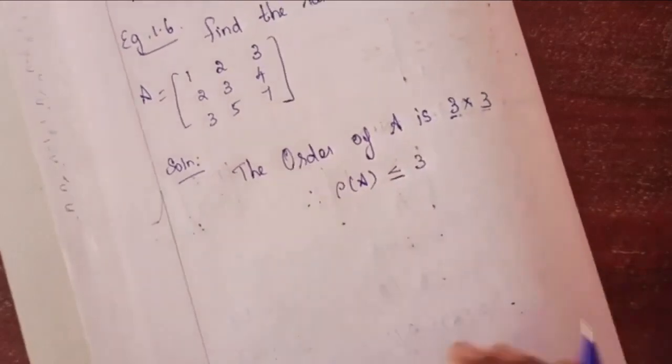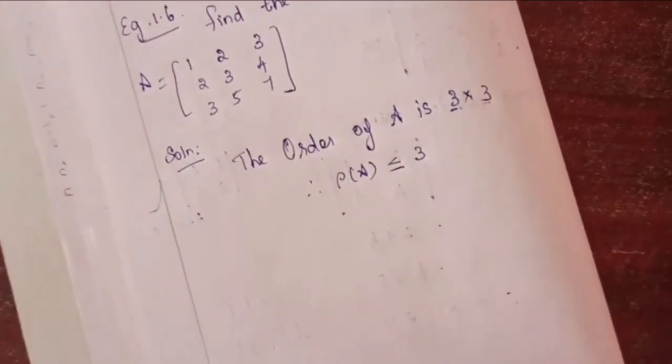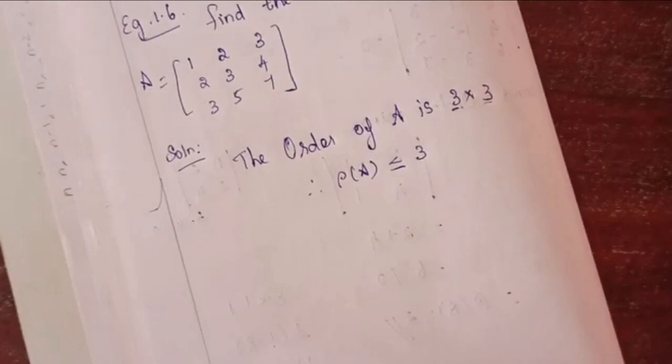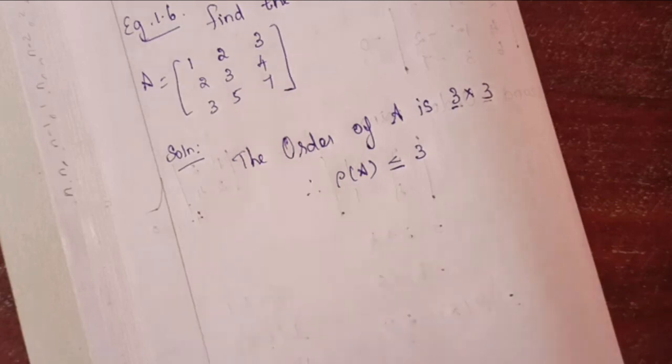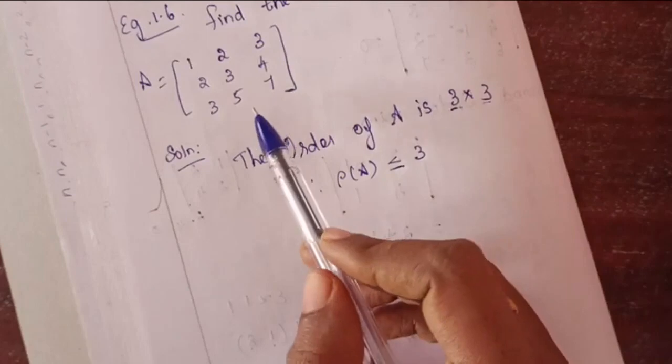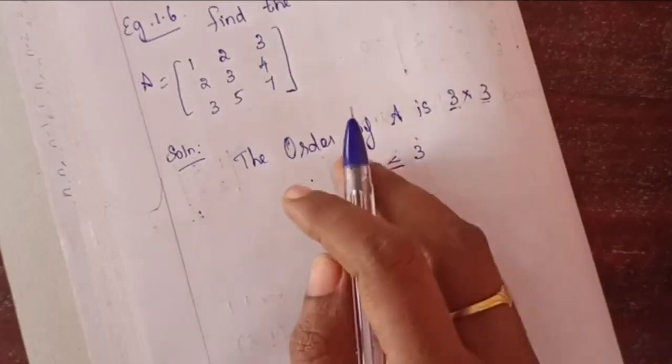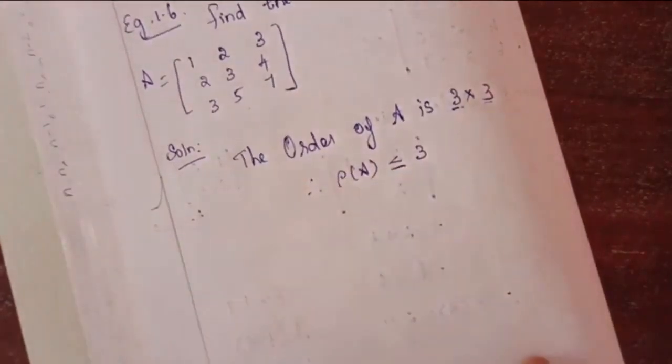Next we are going to do it by elementary transformation. That section only we are learning now. We want to transform this particular matrix to echelon form by using elementary transformation.